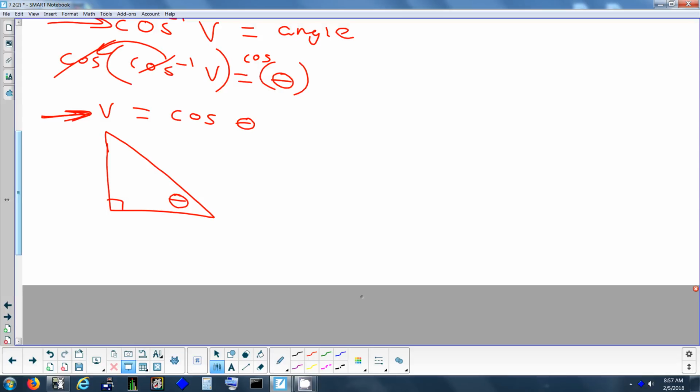So we need to label the adjacent and the hypotenuse in a certain way so that when you divide them, adjacent divided by hypotenuse, you get v as the answer. Can anybody give me a way that I could label the adjacent side and the hypotenuse so that when you divide them, you get v as the answer?